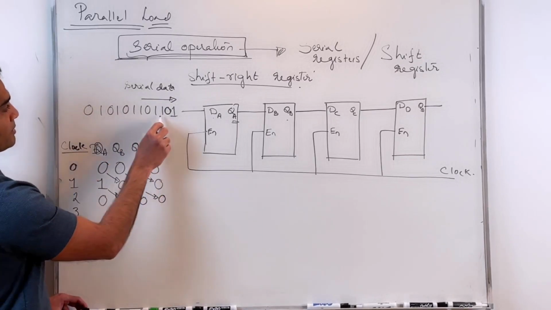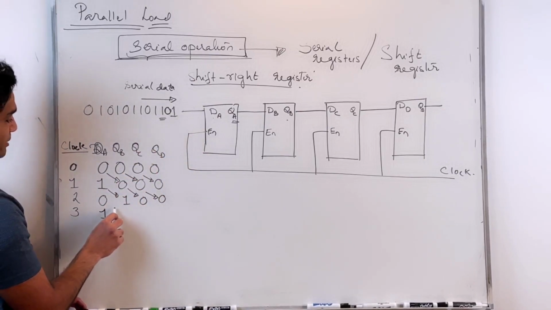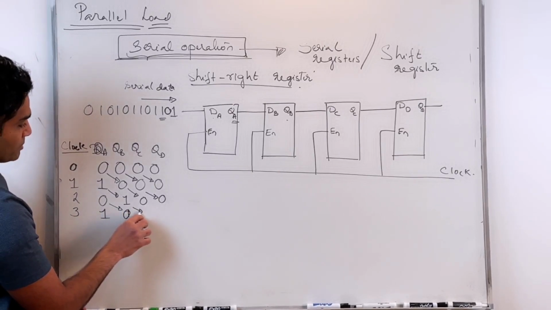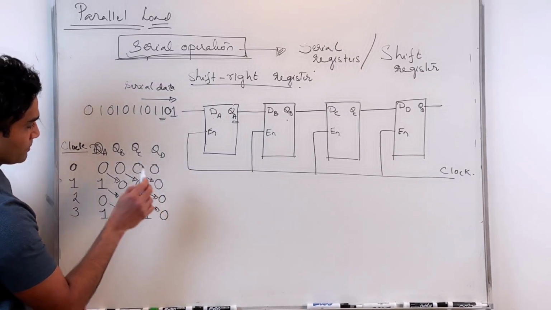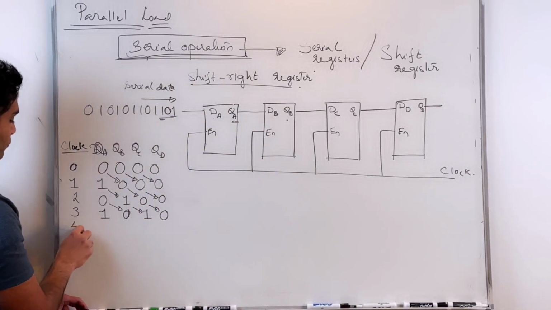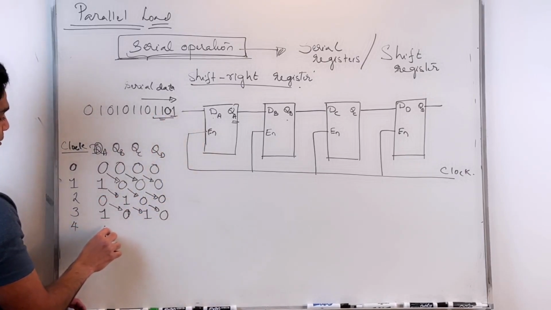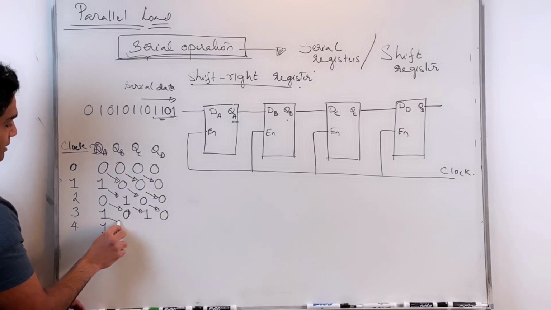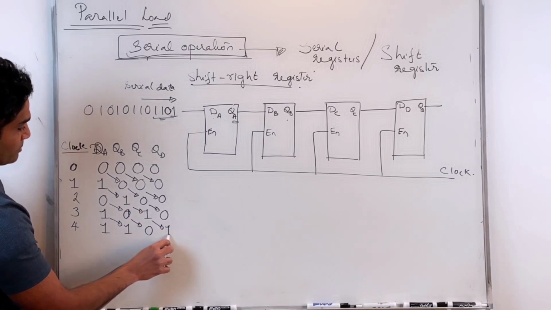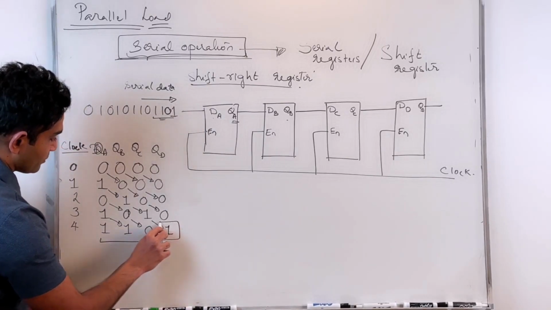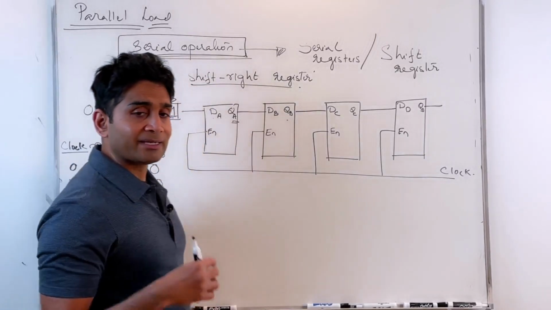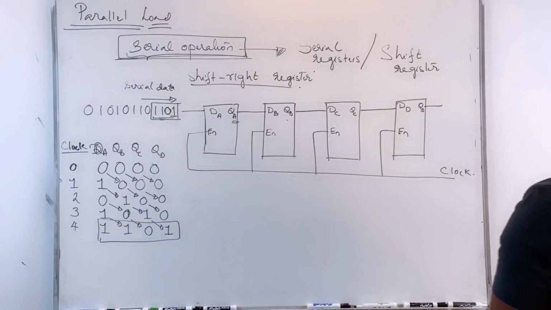On the third, this 1 gets pushed onto QA, 0 to QB, 1 to QC, 0 to QD. So now I have stored 1, 0, 1, and then on the fourth clock pulse, another 1 gets pushed onto QA, 1 gets pushed onto QB, 0, 1. So it takes 4 clock pulses, as you can see, to push 4-bit information serially into my shift right register.